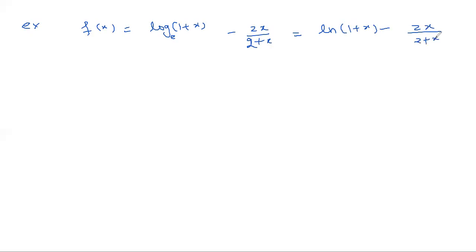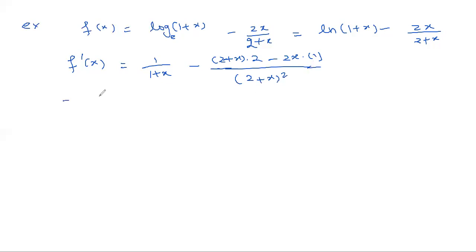Let's test the behavior of its derivative. The derivative of this function is going to be 1 over 1 plus x, which is the derivative of ln(1 plus x), minus the derivative of 2x over 2 plus x, which is found by the quotient rule. So it is going to be (2 plus x) multiplied with the derivative of the numerator, 2, minus 2x times the derivative of the denominator, which is 1, over the square of the denominator.